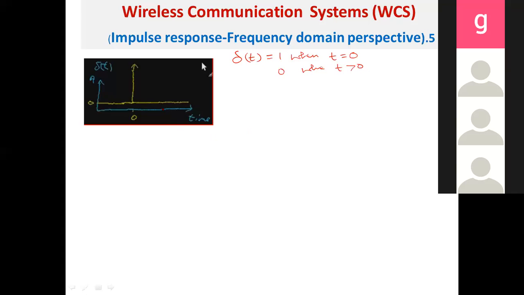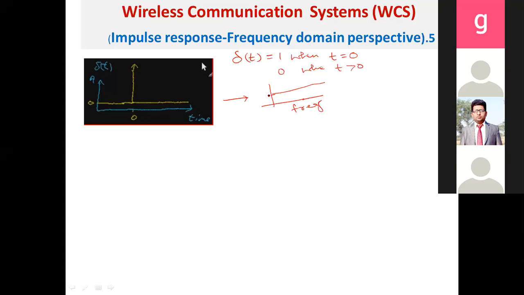Okay, so the same thing is given here. So this is the impulse response, the delta function in time domain, and its frequency domain can also be written here. This is the impulse response in the frequency domain. So it's a flat curve, a horizontal line only.